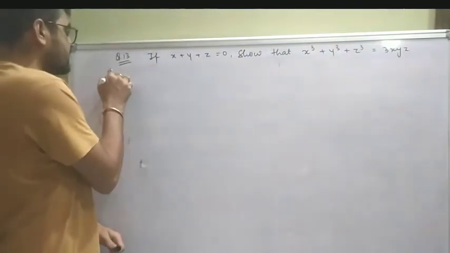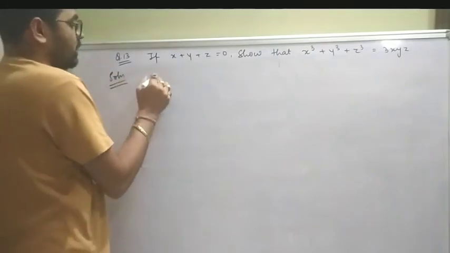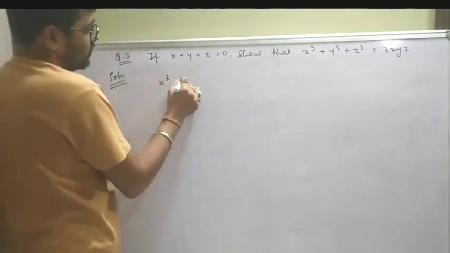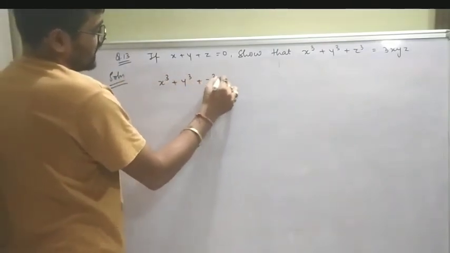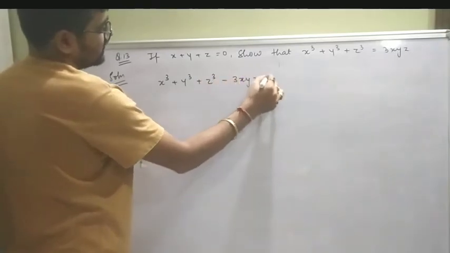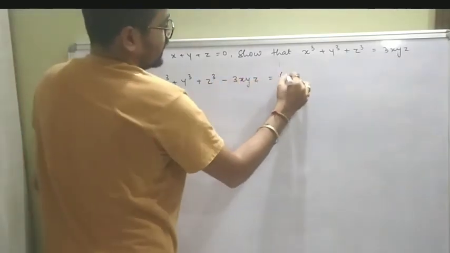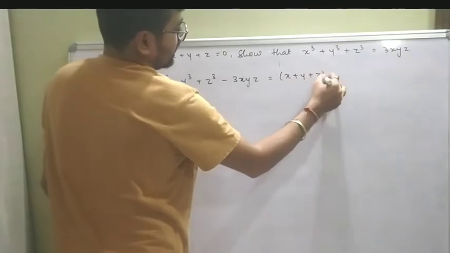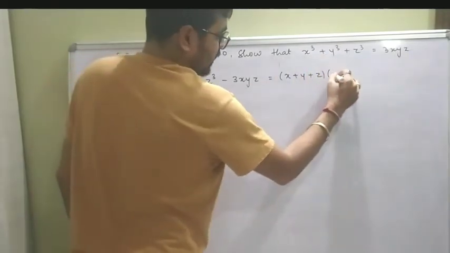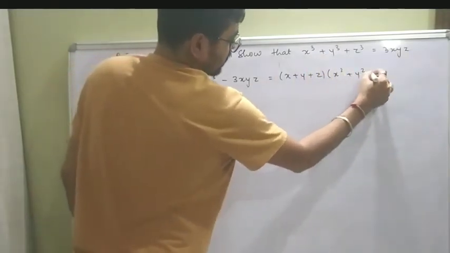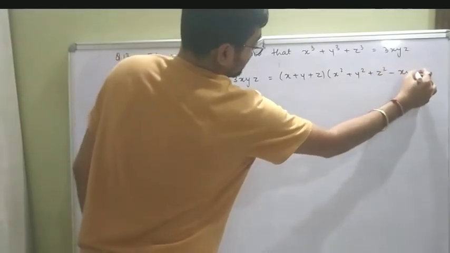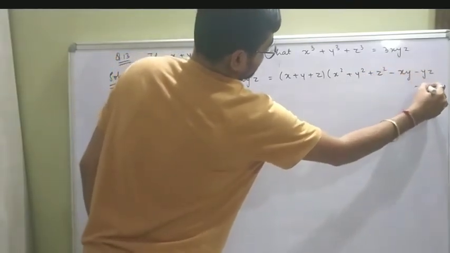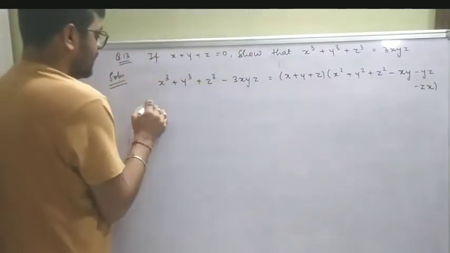So again that same identity will help us. What was the identity? x cube plus y cube plus z cube minus 3xyz will be equal to x plus y plus z. Further identity में क्या था? x square plus y square plus z square minus xy minus yz minus zx.